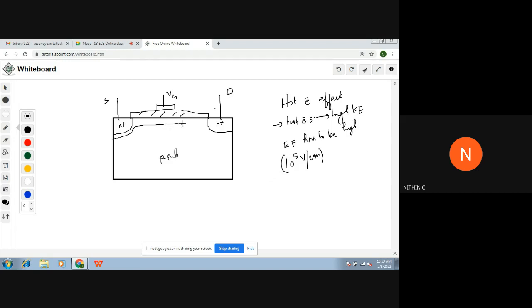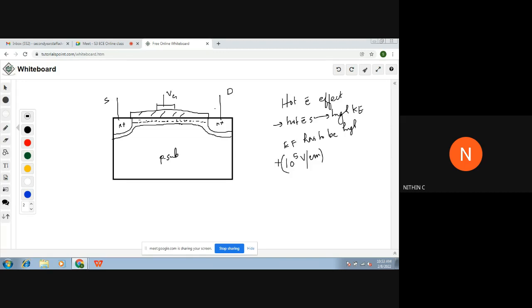We're drawing the depletion layer, and you will be having the channel over here. And you have electrons present inside the channel. So you mentioned that if you are having a very high electric field of the order of 10 raised to 5 volt per centimeter, then the electrons that we get will be of very high kinetic energy, and such electrons are called hot electrons.